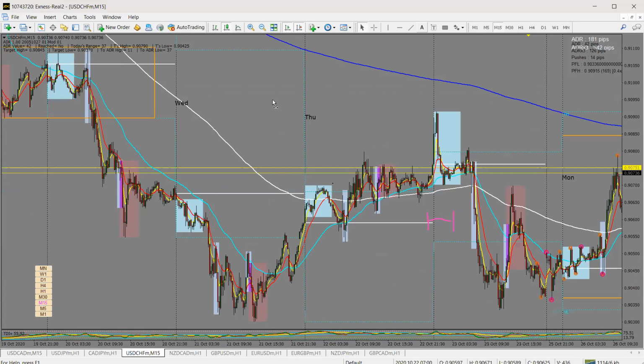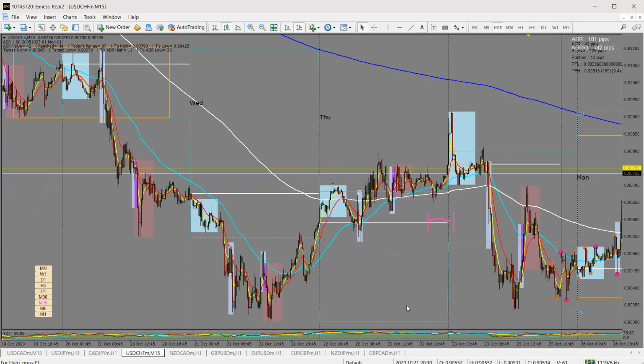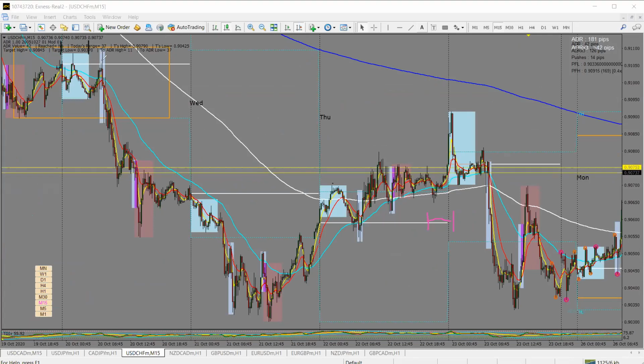Let me show you this. I've seen something here. Okay. You can see this right here. This is what we call a type 2. This blue box is our Asian session, right? This blue box shows us the beginning of the London session. This is what we call a market gap. I know I didn't explain this.